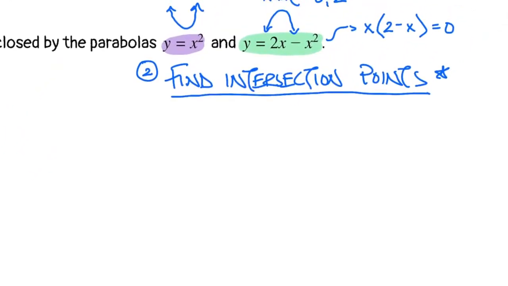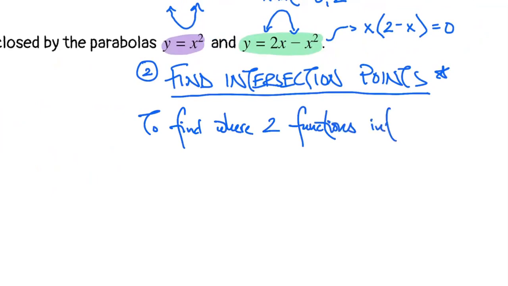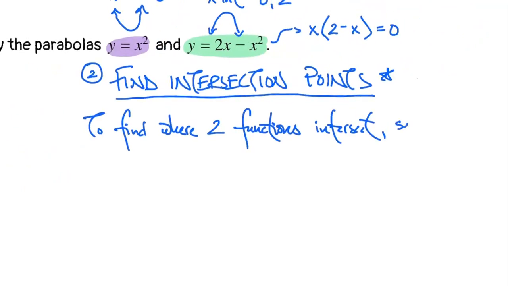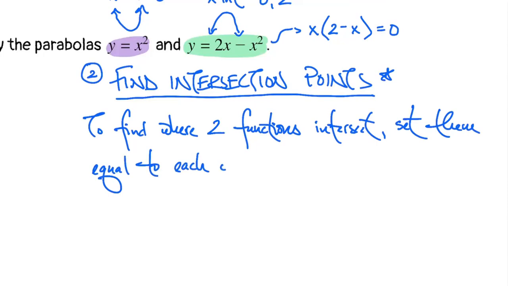So in general, if I want to find where two functions intersect, set them equal to each other.